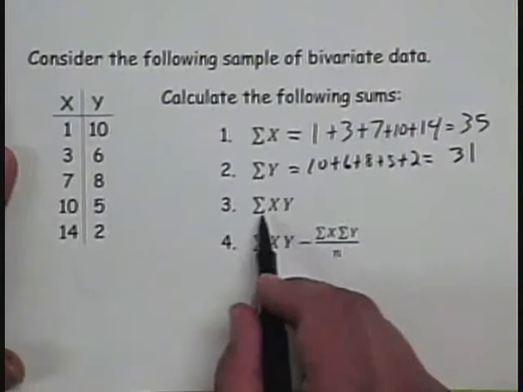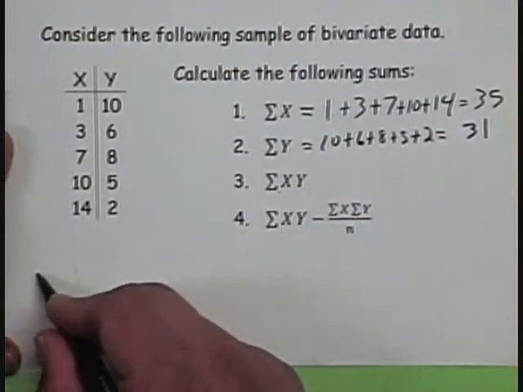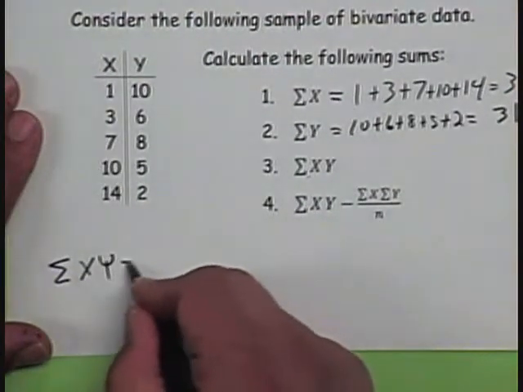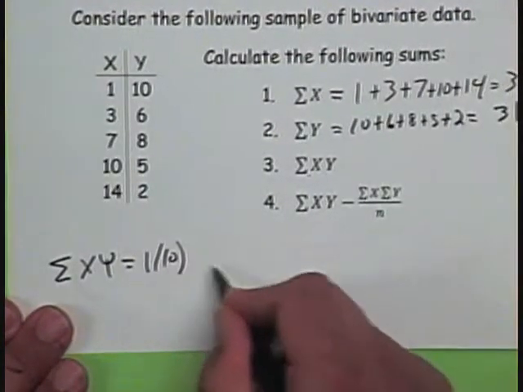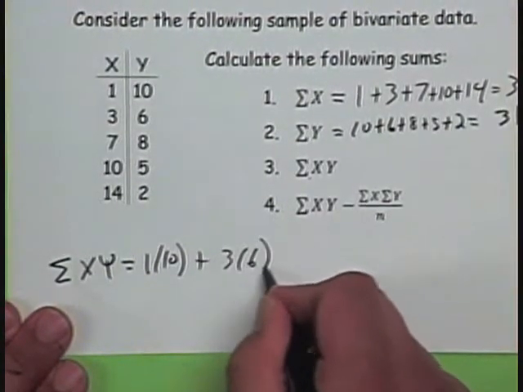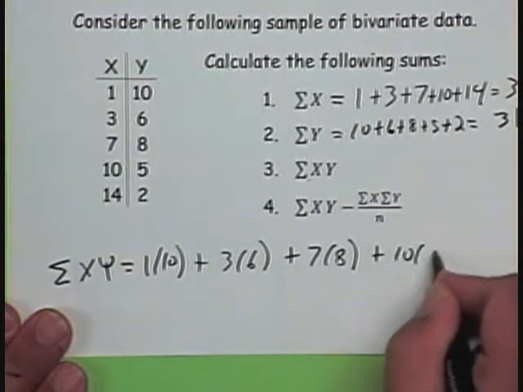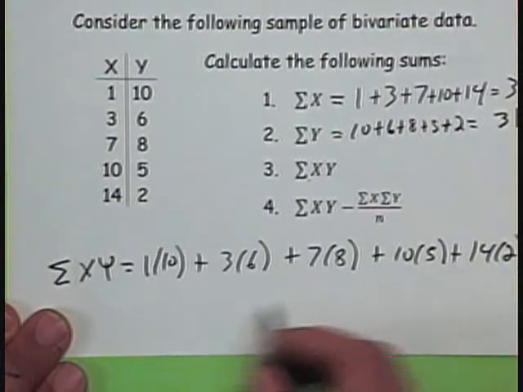And now I don't know if I'm going to get this combination, or the sum of x times y, to fit in there. So let me write it down here. So this is the sum of x times y. So it means take 1 times 10, 3 times 6, 7 times 8, 10 times 5, 14 times 2.